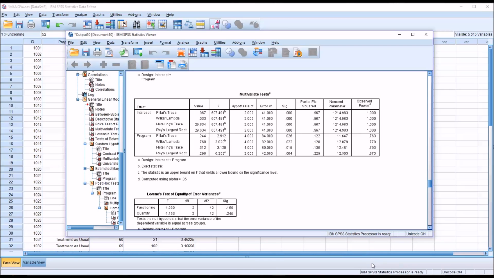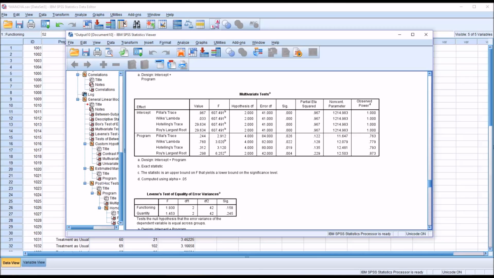So what we're saying here is that there is a statistically significant difference across the levels of the independent variable on a linear combination of the dependent variables. We don't know where that difference is. We can't speak yet as to whether it's on functioning, quantity, both, or neither.